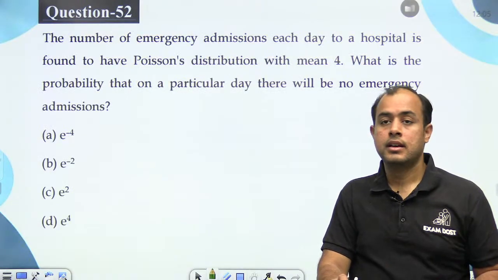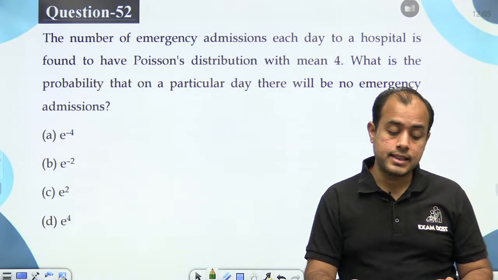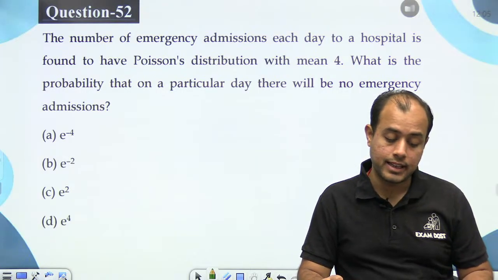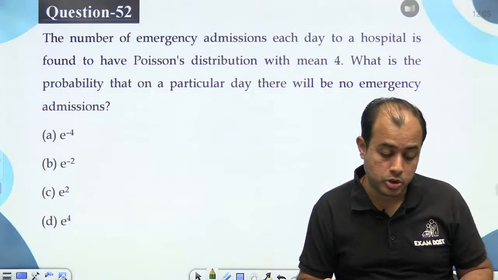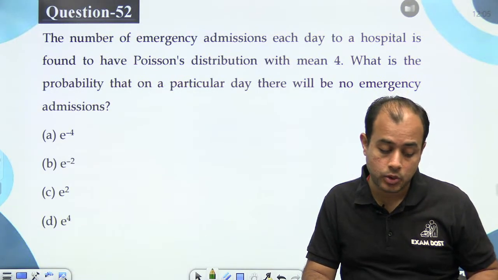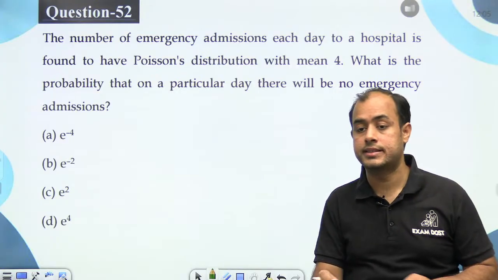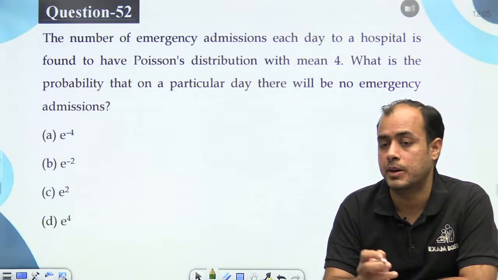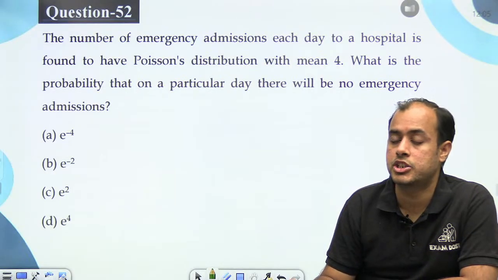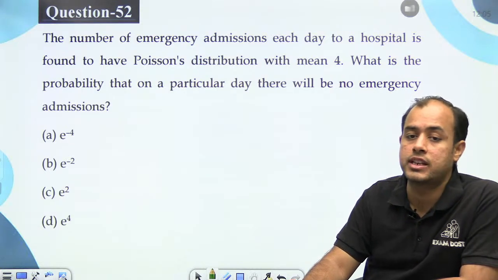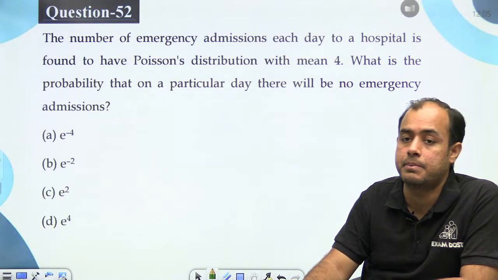Very good. The number of emergency admissions each day to a hospital is found to have a Poisson distribution with mean 4. Find the probability that on a particular day there will be no emergency admissions. Come on everyone, this is very simple. Zero emergency admissions: your random variable's value will be 0, and it asks for the probability of that.